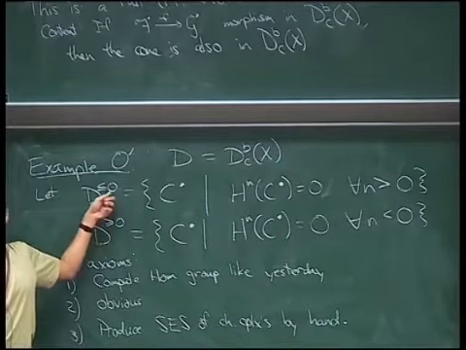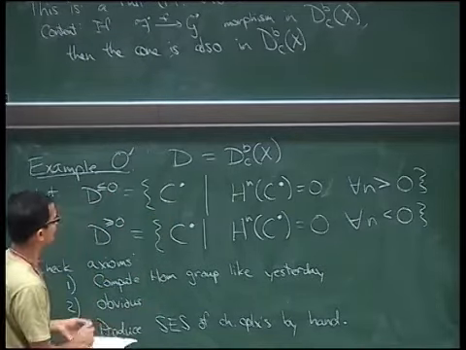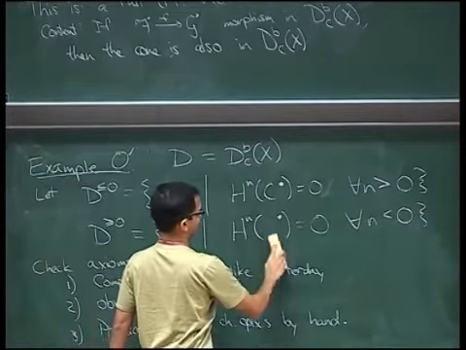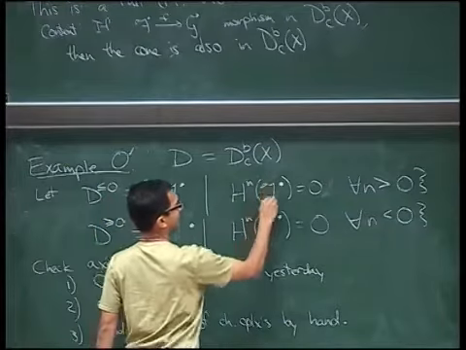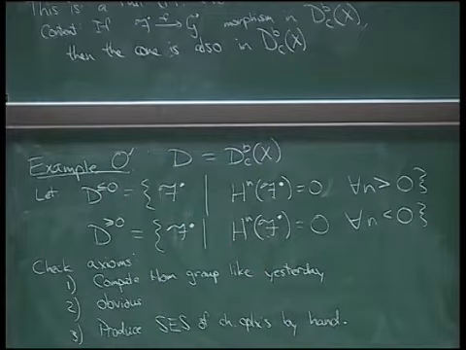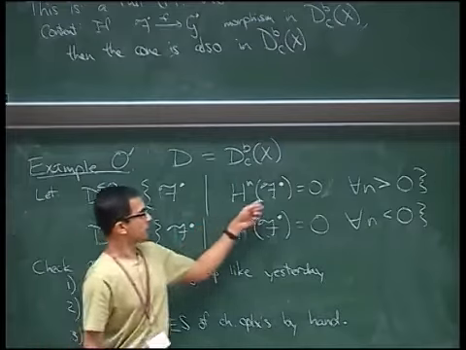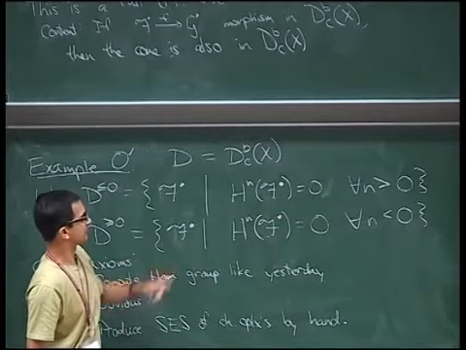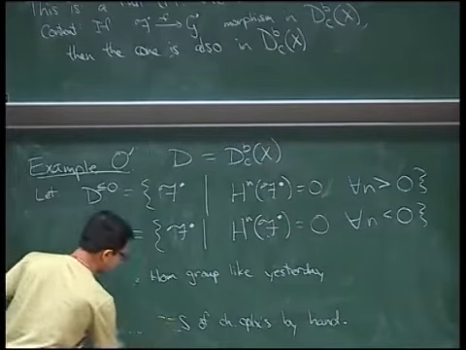So D less than or equal to 0 is complexes of sheaves F whose cohomology vanishes in positive degrees, and this other one consists of complexes of sheaves whose cohomology vanishes in negative degrees.